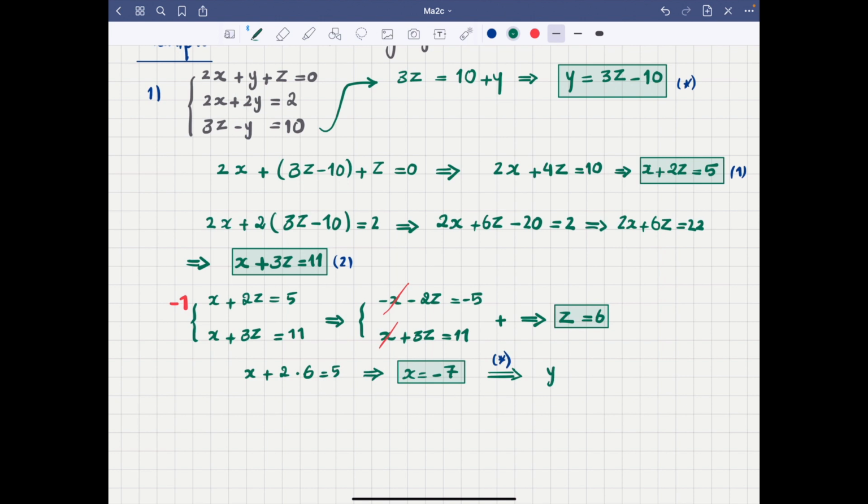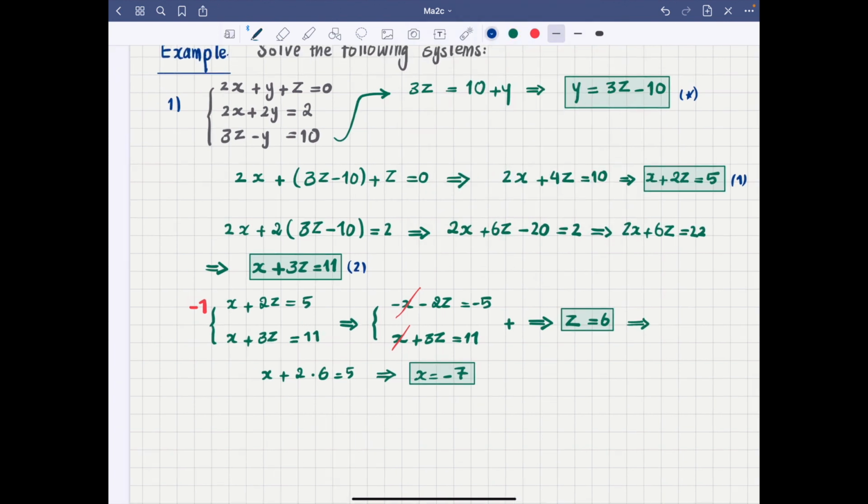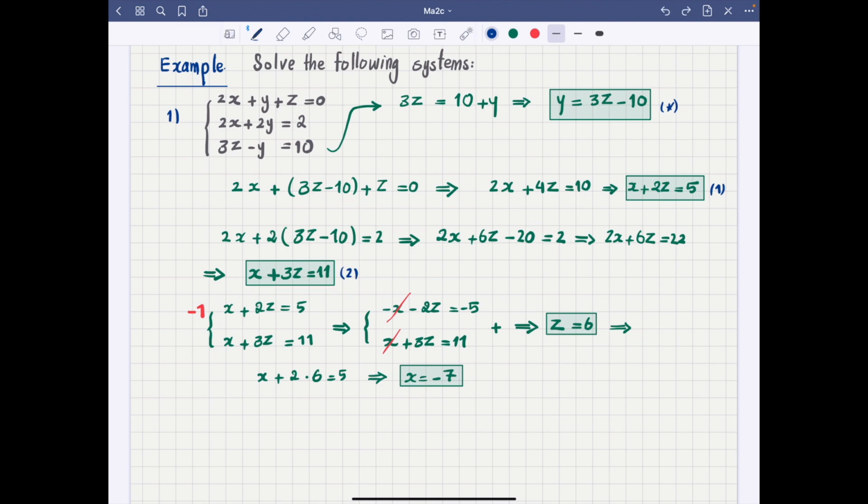y is equal to... so this is not a good idea here because this doesn't depend on it. Let me write it here. So this gives me, according to the star, I need to train myself here as well. So y equals 3 times 6 minus 10. So what's the number? It's 8, yes?